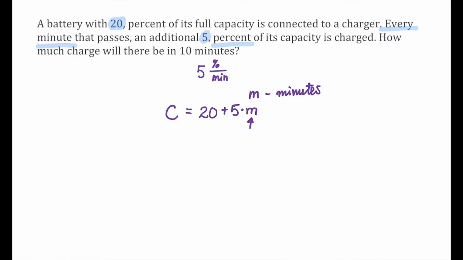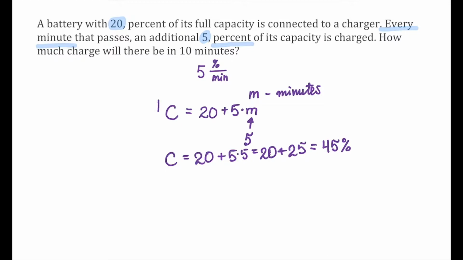So for example, if I were to figure out how much charge I have in 5 minutes, then I would put 5 in here, and then my charge would be, I already have 20% to start with, plus 5 times 5, so that's going to be 20 plus 25. So in 5 minutes after charging, my battery charge would be 45%.